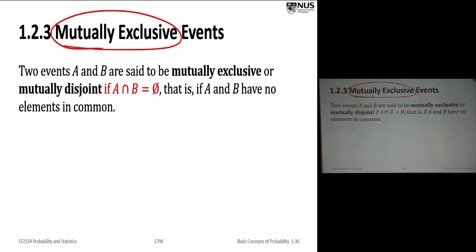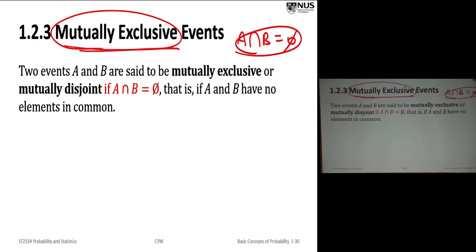When we say two events are mutually exclusive, it means that there is no common outcome between these two events. That means the intersection A intersect B is equal to the empty set.